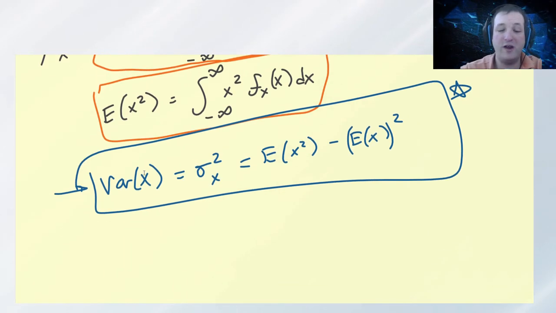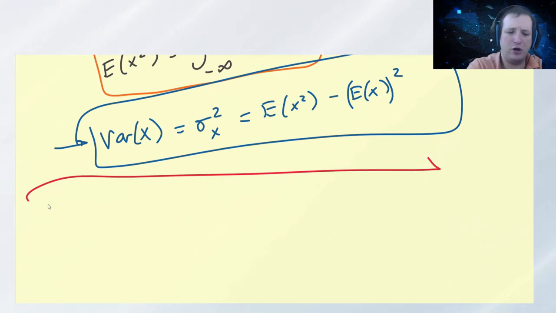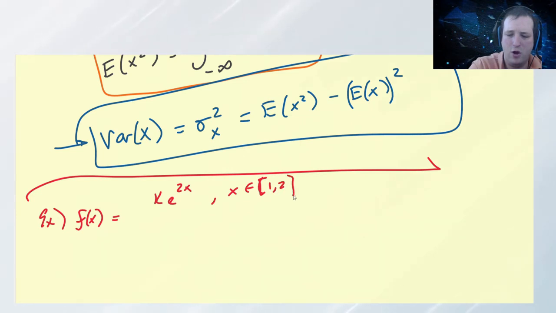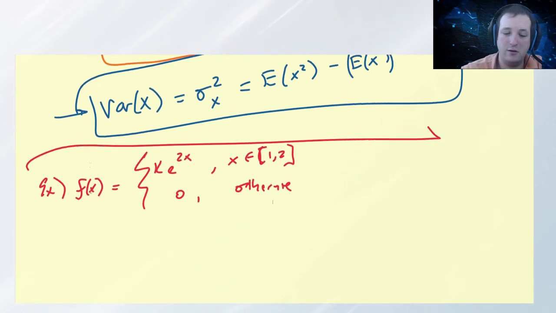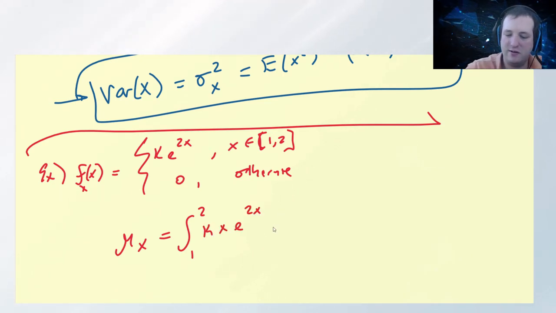All right, so if we actually go through the process for this particular example, and I'm not going to go through the calculations. So for example, if we do this same example, with x belonging to the interval 1, 2, and 0 otherwise, you can find for a random variable x that the mean is going to be equal to the integral from 1 to 2 of kxe to the 2x dx.